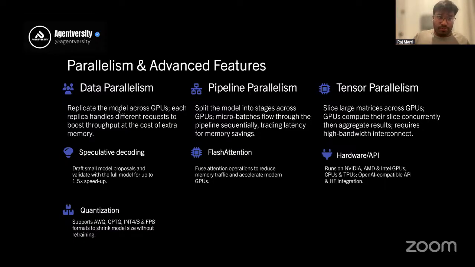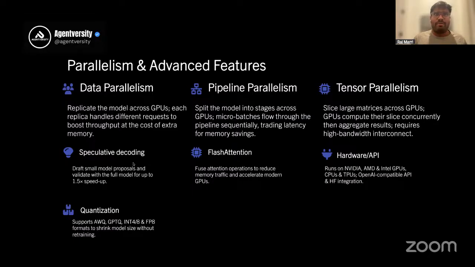So there are other features too. Speculative decoding is one of them. Speculative decoding is when a small model proposes maybe 5 or 6 different tokens at once. We know a model can predict one word at a time, but with speculative decoding, you have a smaller model predicting 5 or 10 different tokens at once.